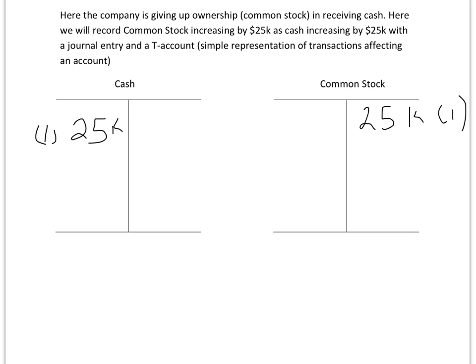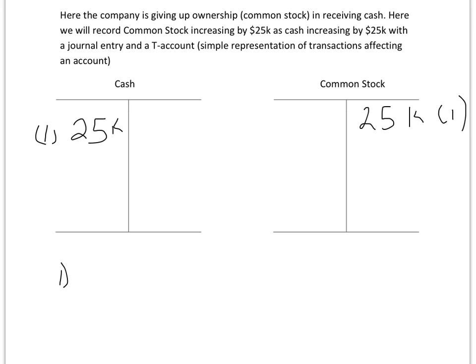As you can see, I have a 1 beside it. That tells me these two are linked. Now this is a T account. A T account is just a visual representation of our transactions throughout the period. There's no transactions in there before, so we're working with this.